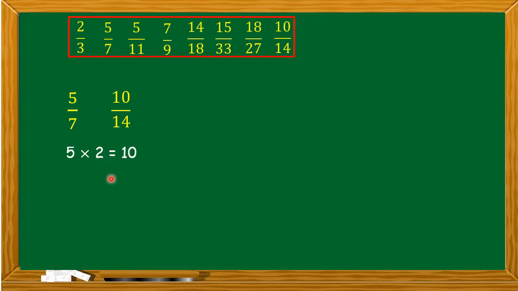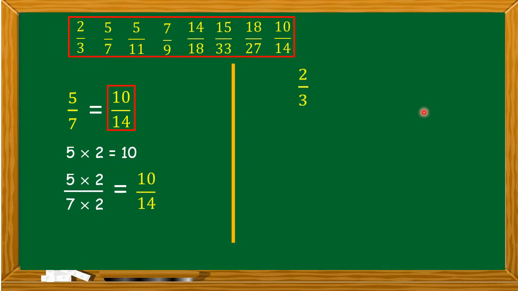As we multiplied 5, the numerator, by 2, we also have to multiply the denominator 7 by the same number, that is 2. So, after multiplication, we get 10 upon 14, which is equal to the given fraction. Hence, we say 5 upon 7 and 10 upon 14 are the equivalent fractions.